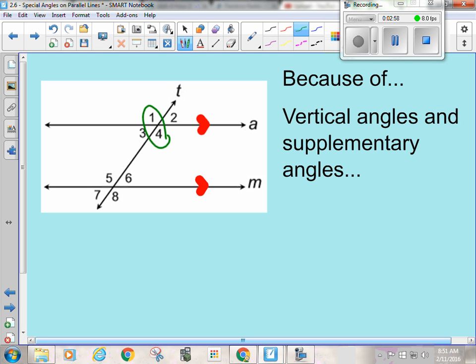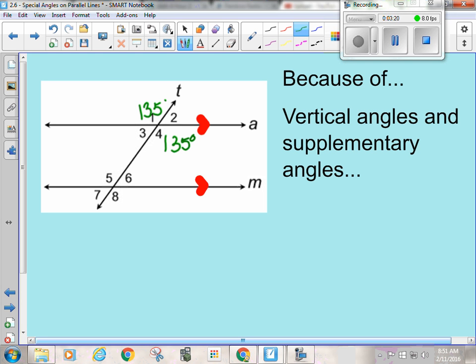Okay, so let's just make some angle measures up here. If I said angle 1 is 135 degrees, I'd say that angle 4 was also 135 degrees. Then I can use the idea of supplementary angles to find measures for angle 3 and angle 2.